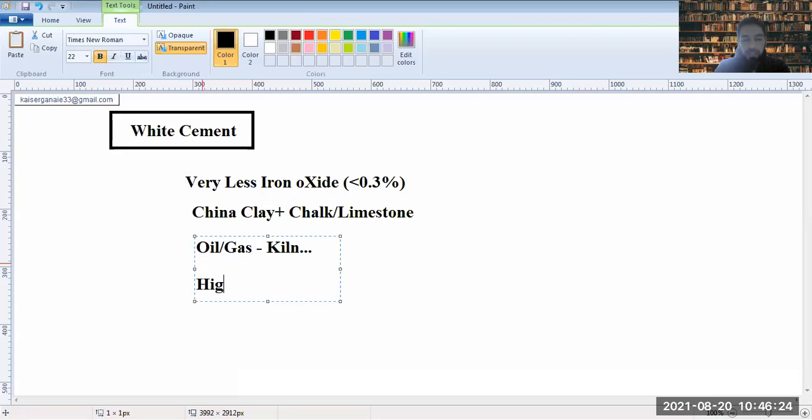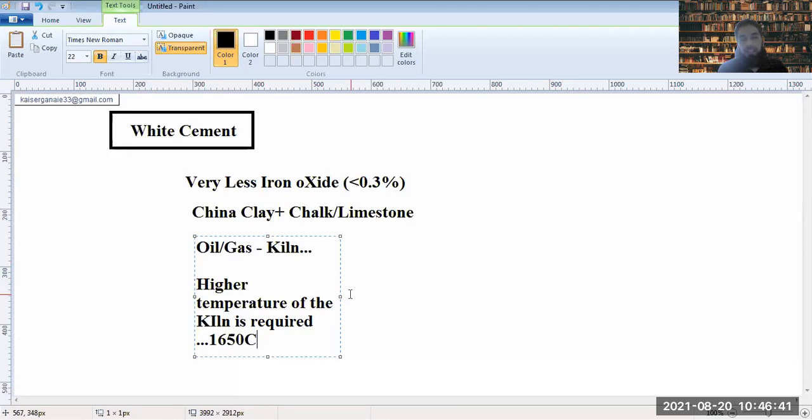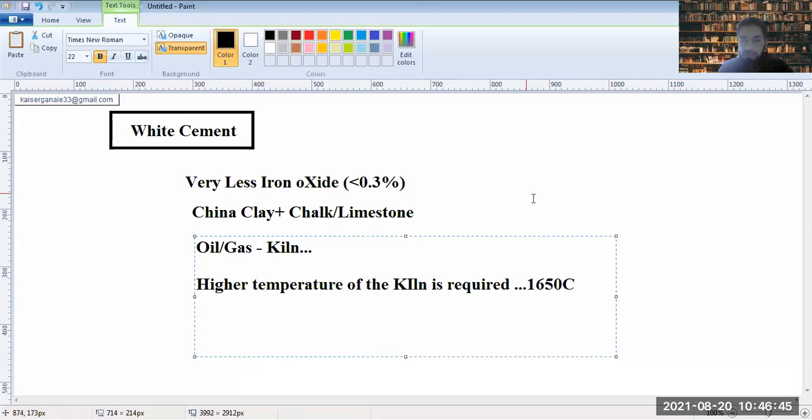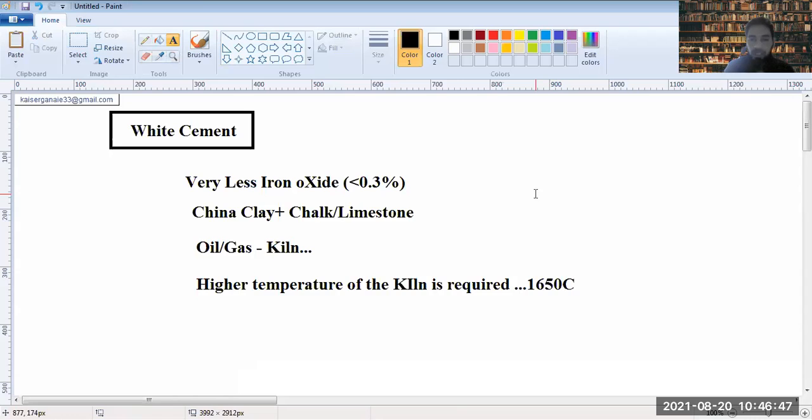So higher temperature of the kiln is required. And how much is that? That's 1650 degrees Celsius that we actually require in the kiln, because there is no flux, no iron or very less iron oxide here in the white cement.